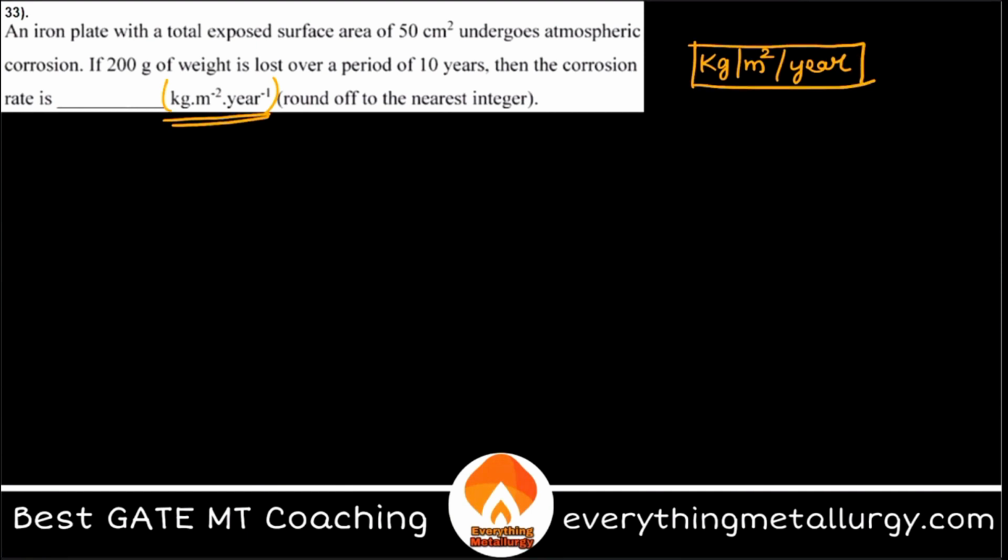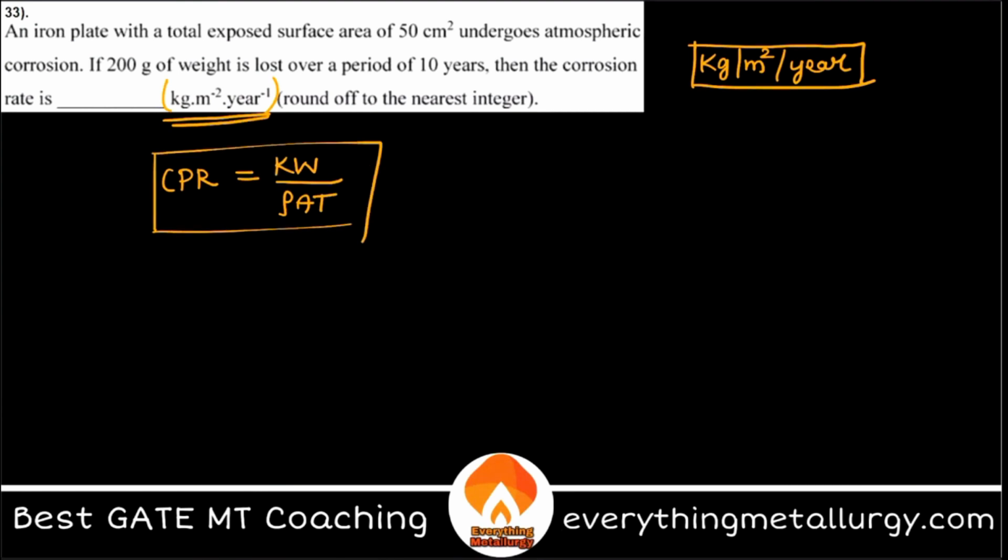So basically what is corrosion rate? We call it CPR, corrosion penetration rate. So this will be taken as W by rho A T. Usually you have some K over here, some multiplication factor, depending on what unit you want to go to. But here we don't want that because we want kg only.